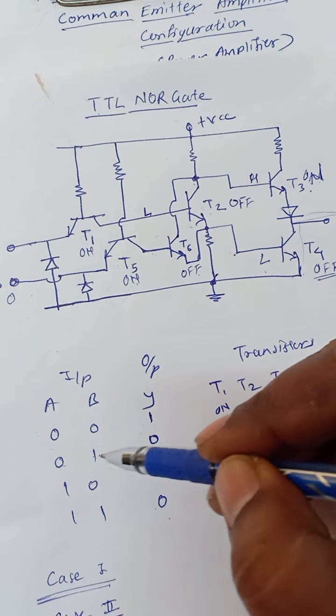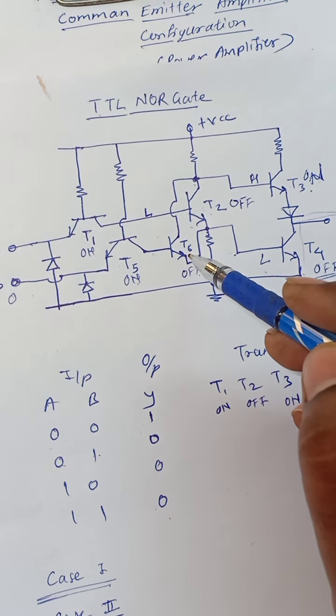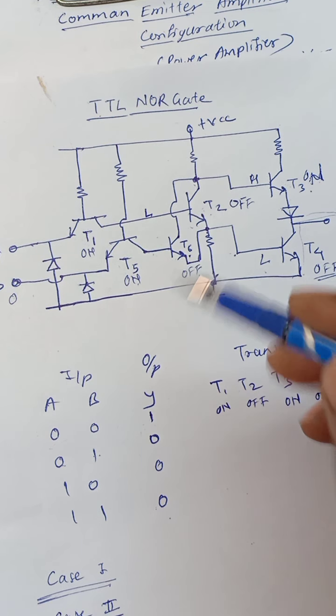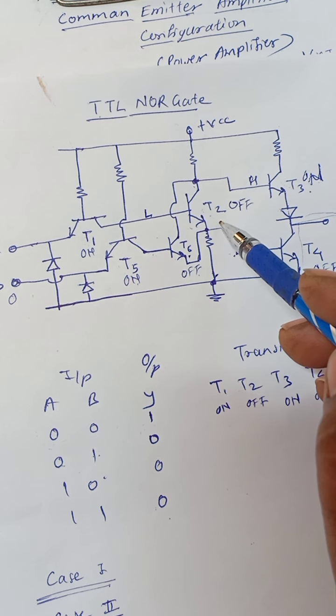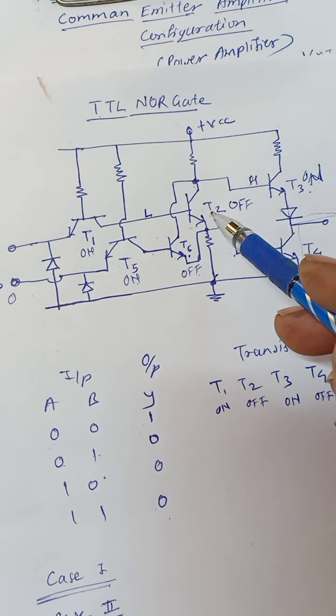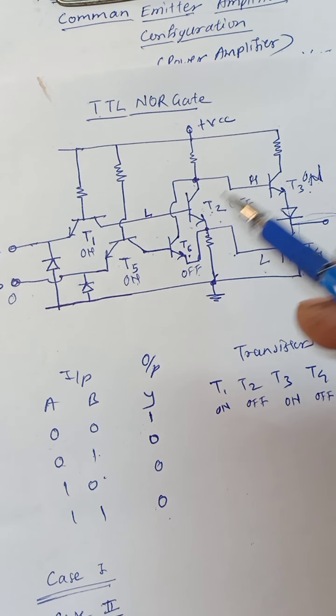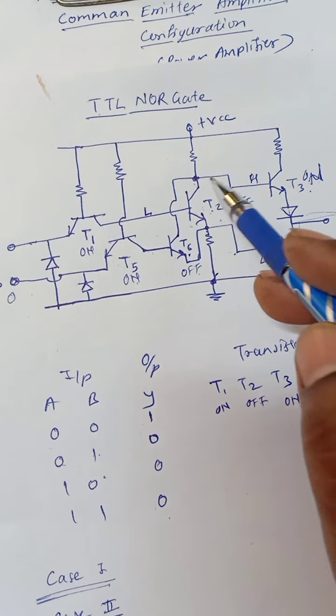For the 0 1 state, T6 will turn on. For the 1 0 state, T2 will turn on, and for the 1 1 state both will turn on. So if we summarize these 3 conditions, we get the result.